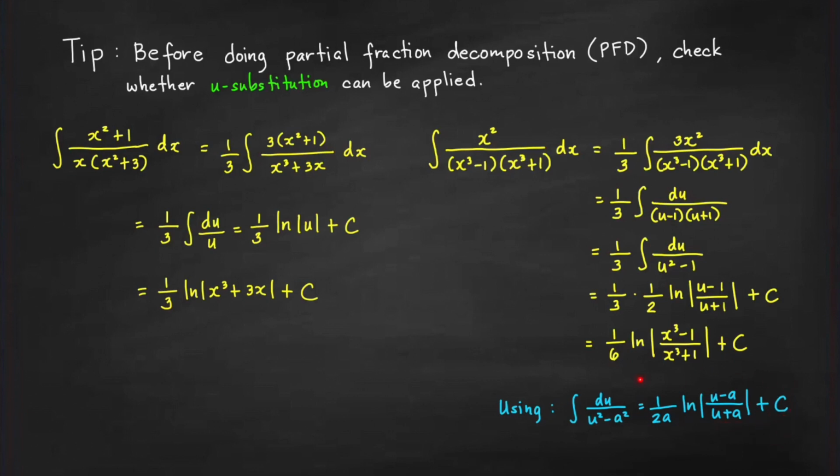And if you don't know this formula, of course, if you know how to do integration by partial fractions, you can also obtain this answer, which is equal to 1/2 ln of absolute value of u minus 1 all over u plus 1 plus c. So therefore, the final answer here is 1 over 6 ln of absolute value of x cubed minus 1 all over x cubed plus 1 plus c, since u is equal to x cubed.